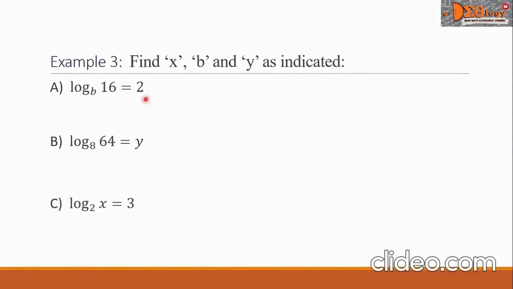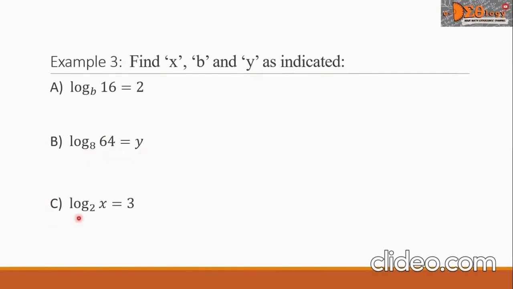Let's have example 3. Find x, b, and y as indicated. So we have here 3 problems A, B, C. Letter A is log of 16 to base b equals 2. Letter B, log of 64 to base 8 equals y.